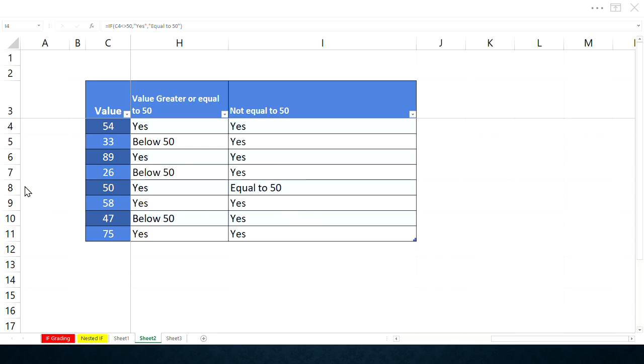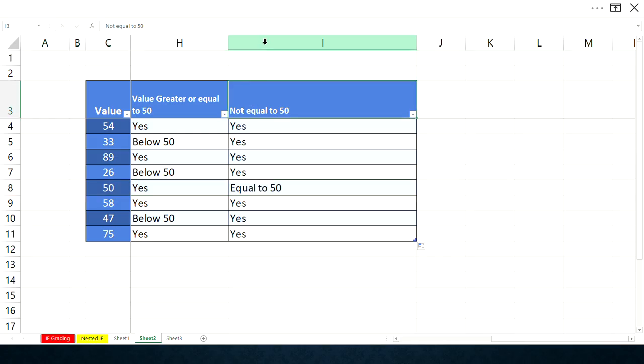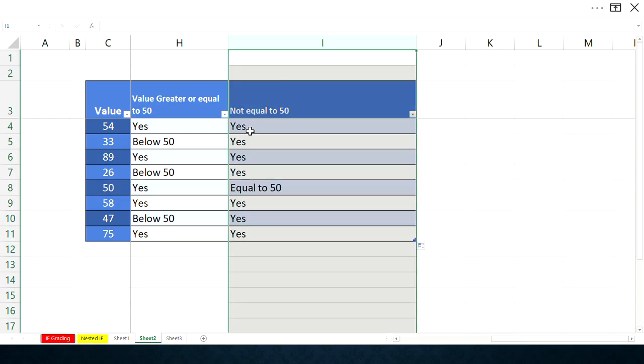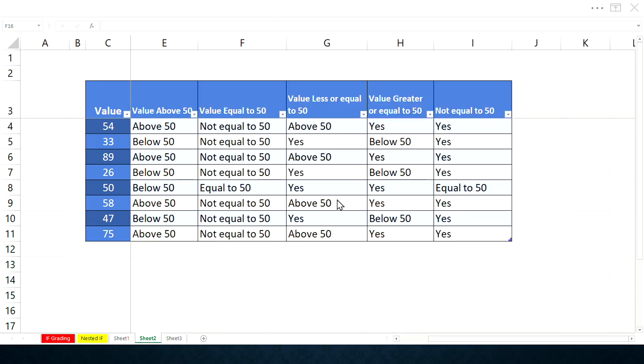In this case, there is one value equal to 50, while the others are true, they are not equal to 50. So the condition is: is it equal to 50, not equal to 50? Yes, not equal to 50 in these cases, but here it is equal to 50. So this is now our resulting truth table for the various conditions and the results therein.